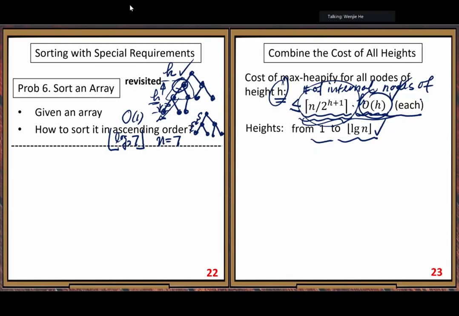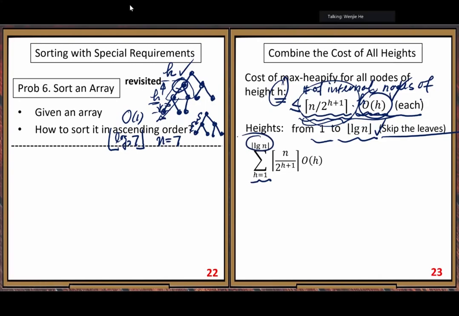Next, we write the summation formula because we need to accumulate the cost of all those levels. For leaves, no cost, right? No building cost for the leaves, so we do not look at the leaves. Summation h from 1 through the largest possible h.